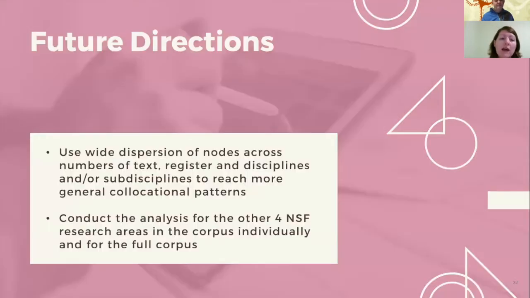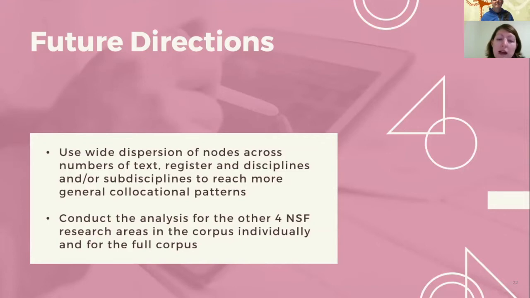As for future directions, I would try to use a larger dispersion of nodes across numbers of texts, maybe look at registers and disciplines and subdisciplines to reach more general collocational patterns, to see if we can apply these to a larger shared discipline, for example.